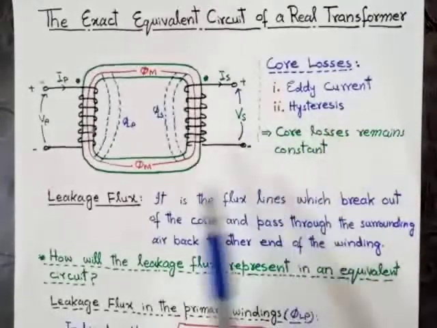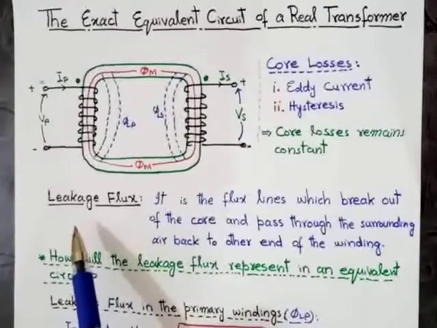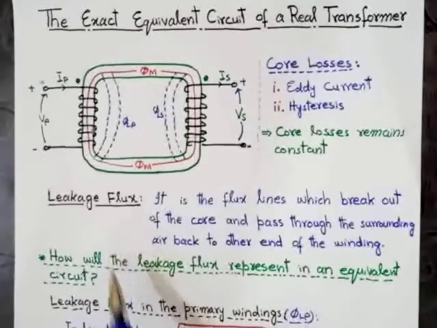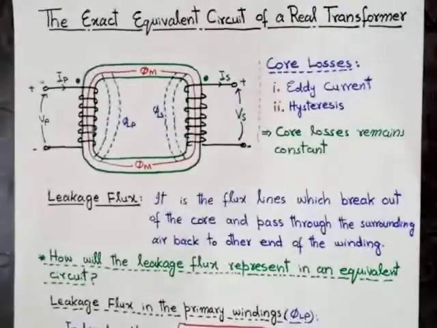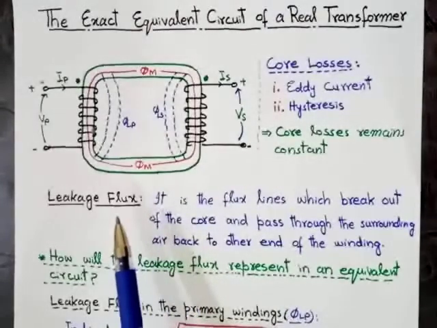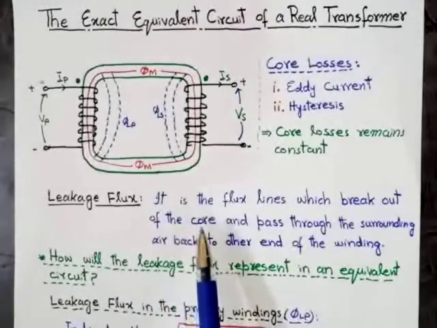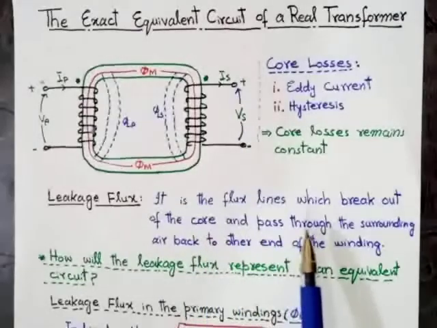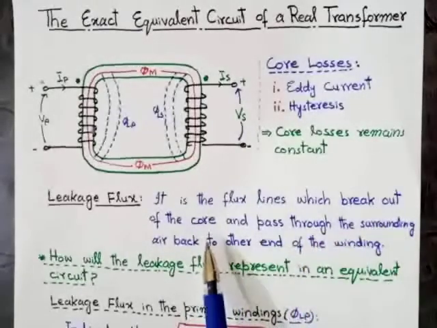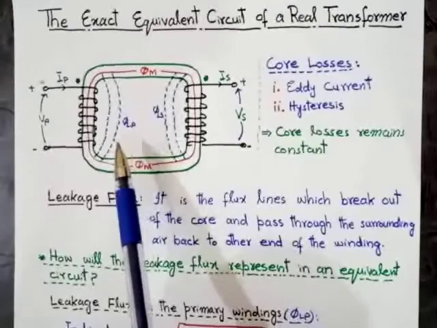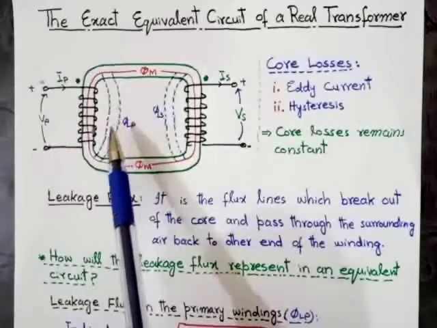Now, the third type of losses is the leakage flux. As we have already discussed, the leakage flux is the flux lines which break out of the core. As you can see in this figure, this is the leakage flux.